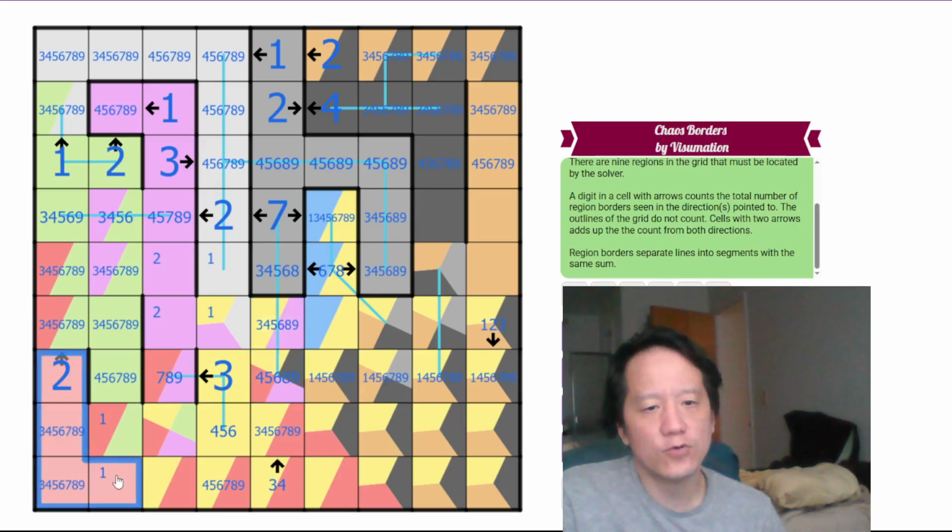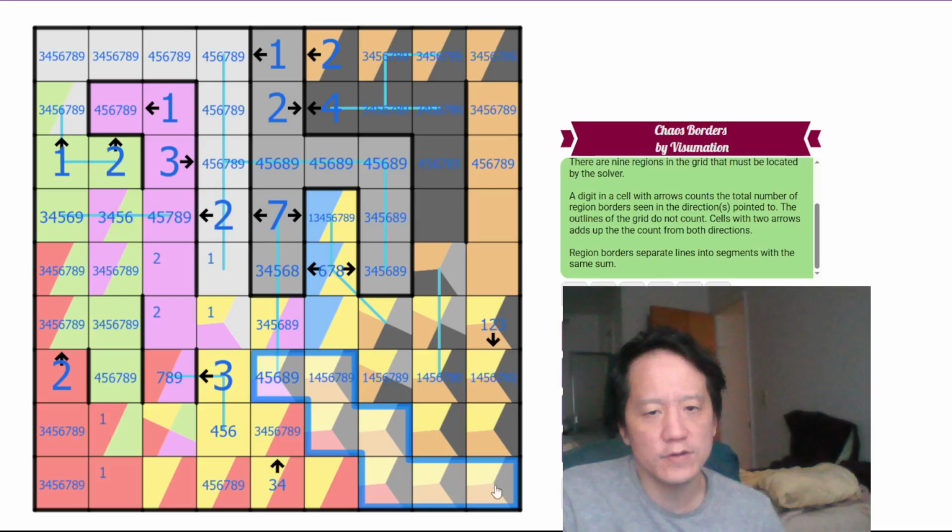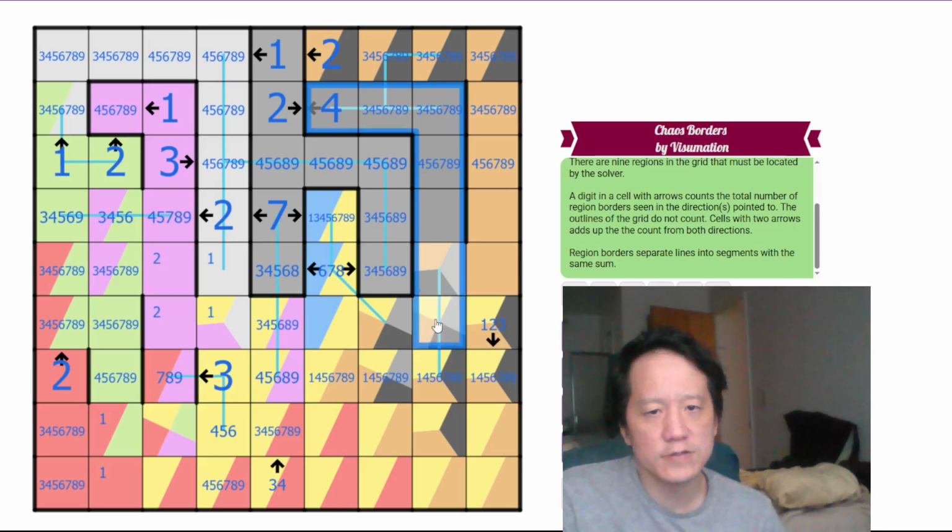You cannot have 4, 5, 6, 7, 8, and 9, so this can't be red then. This can't be dark because this can't be dark here. 1, 2, 3, 4, 5, 6, 7, 8, 9. So it's dark cannot be any of these. 1, 2, 3, 4, 5, 6, 7, 8, 9. Or 6, 7, 8, 9.